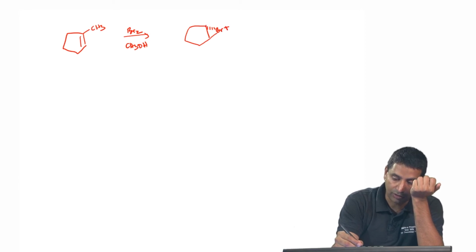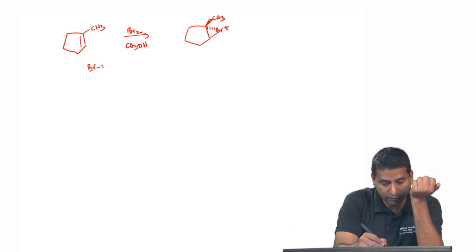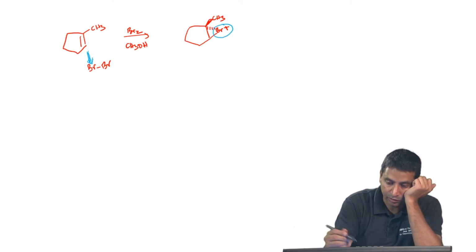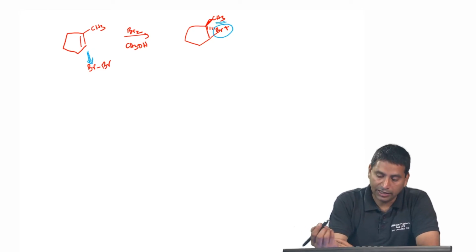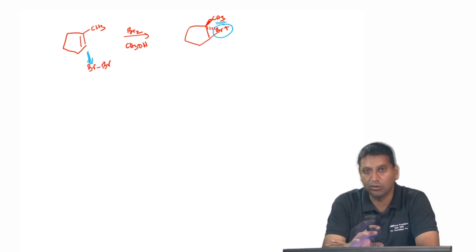Okay. So, as far as the stereochemistry is concerned, if the Br2 approaches from the bottom face, right, then we would expect the Br to be here and the methyl group to be up. Okay. And similarly, if it approaches from the top face, you would expect the Br to be up and methyl group to be down.